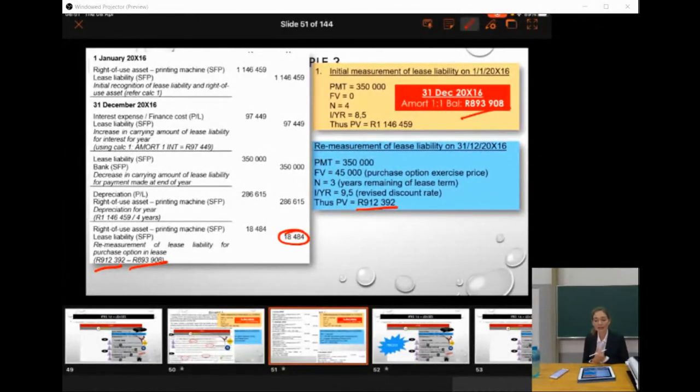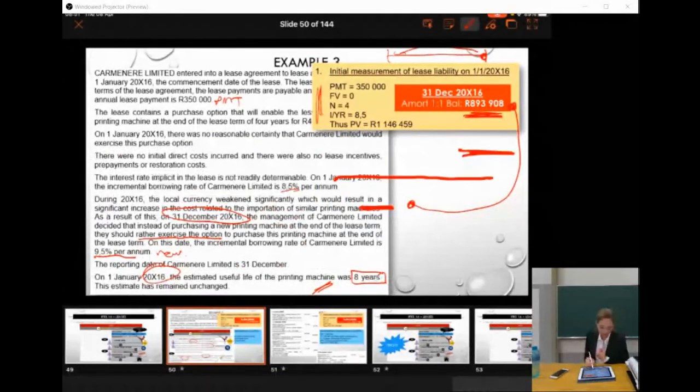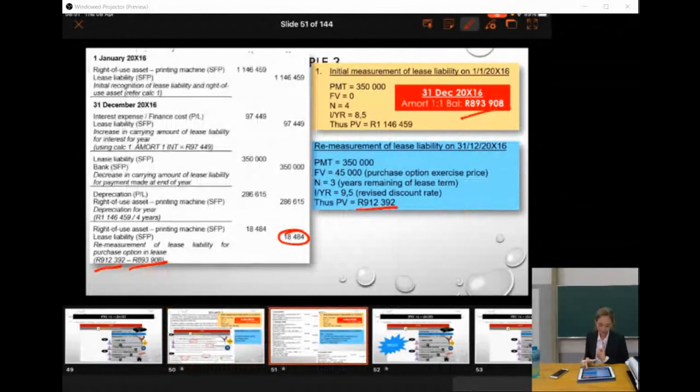It will be accounted for in terms of IAS 8, but you'll only do that in IFRS 7 next year. Why not use the remaining useful life of the asset of 8 years? Yes, the total estimated useful life was 8 years. But remember, this is during our 2016 financial year.